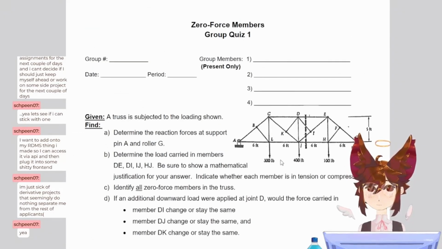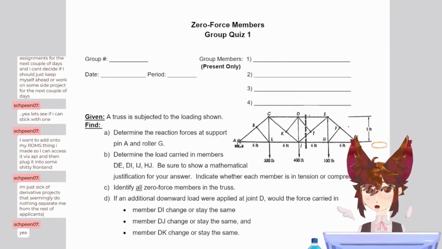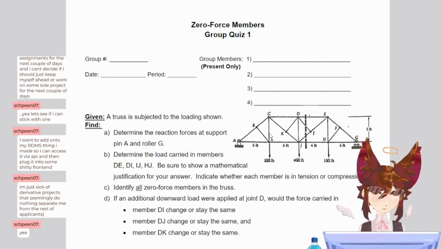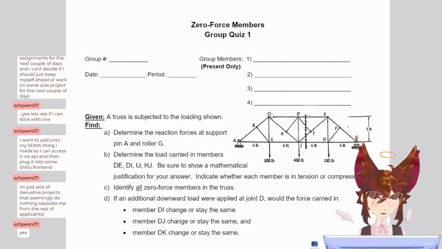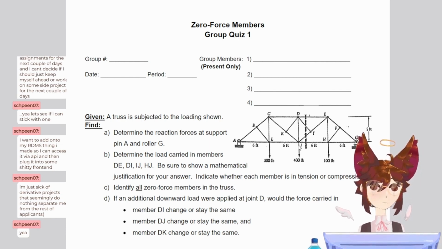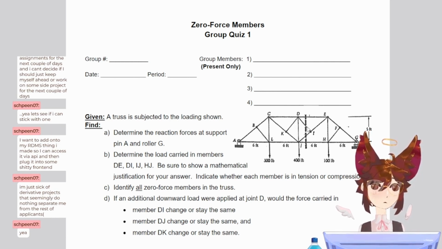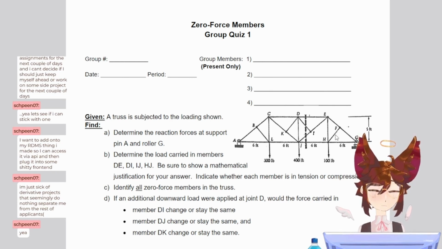Okay, let's see. There's going to be so many zero force members here. At A, there's a load here, so we can't do it. BL and CL are going to be zero force then. At C, we can't say anything. DK and DI and... nope. Not DJ, although it would be if there wasn't a load there. So 1, 2, 3, 4, 5.